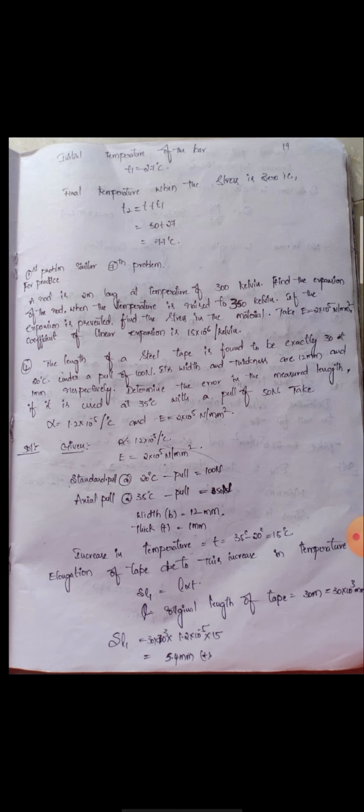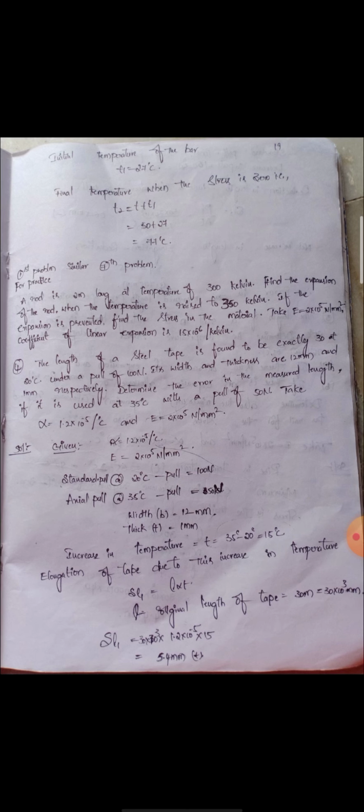Delta L1 equal to L alpha t. Here L equal to the original length of the tape, that is 30 meters, which equals 30 into 10 power 3 mm.